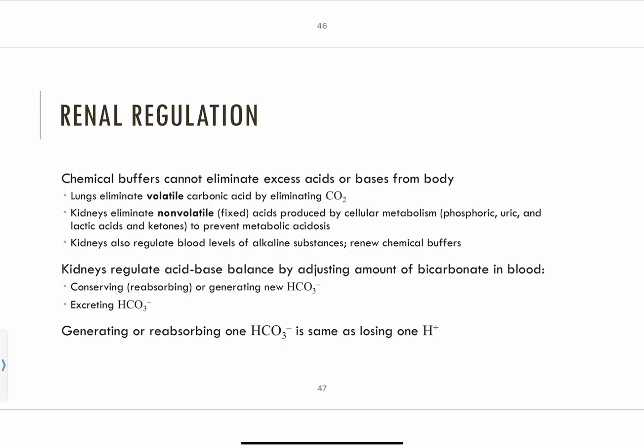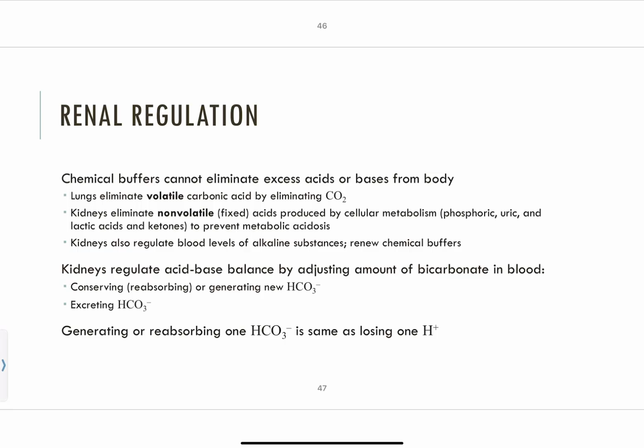The only function of the bicarbonate ion, phosphate, and protein buffer systems is really just to temporarily adjust our pH. They're not actually eliminating the excess hydrogen atoms, and they're not consistently producing hydrogen atoms to do it. It's only a temporary fix. So we really need our kidneys to either reabsorb things or keep things in our filtrate to maintain our overall blood pH.